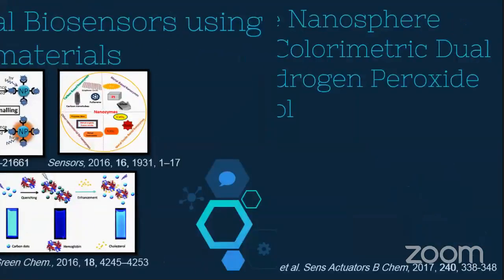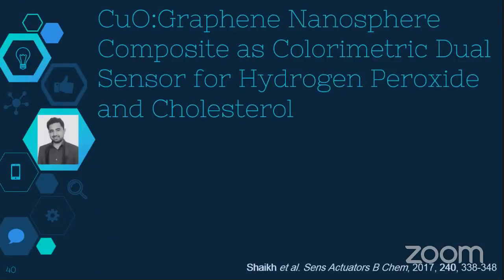So our first work in this was to prepare a copper oxide and graphene nanosphere composite as a colorimetric dual sensor for hydrogen peroxide as well as cholesterol. So here we were able to get sensing of two analytes, hydrogen peroxide and cholesterol. Needless to say, both of the components are very important for your human physiological system.